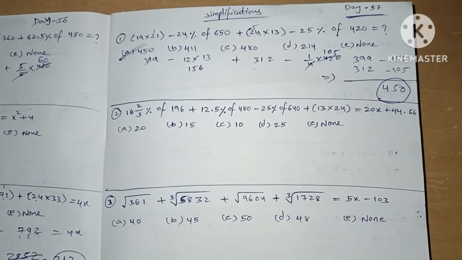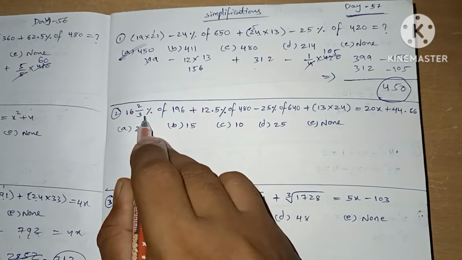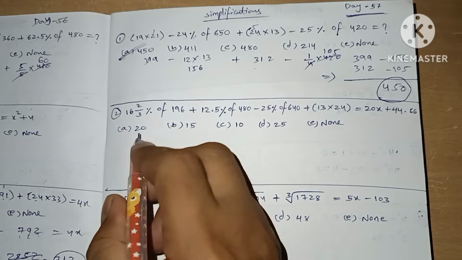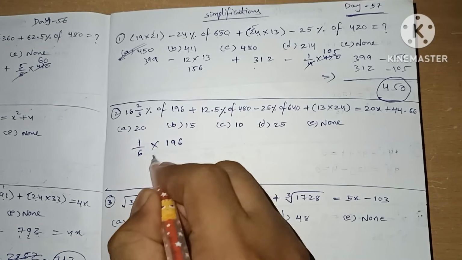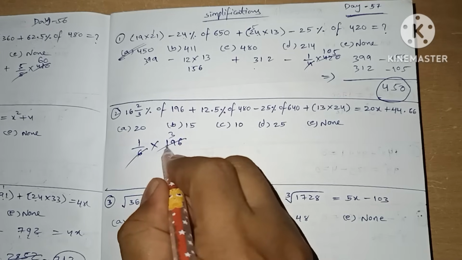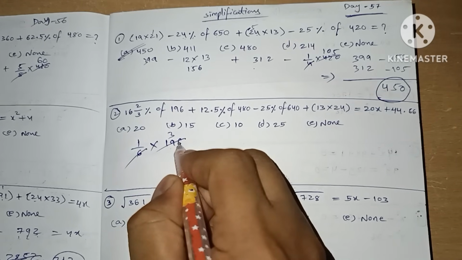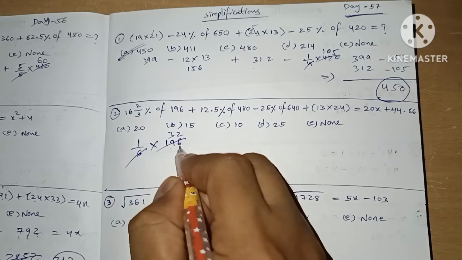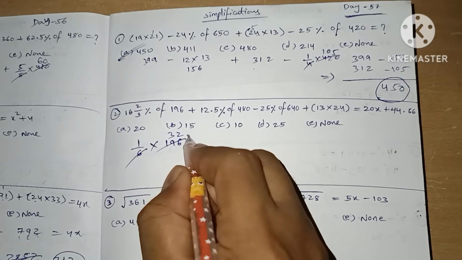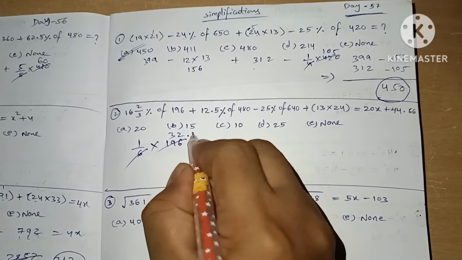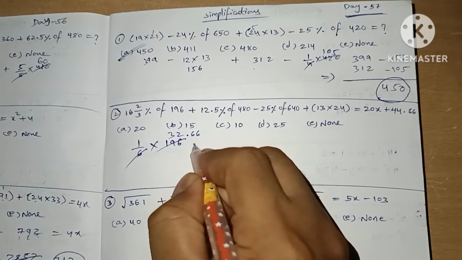Next, second question. 16 2/3 percentage is nothing but 16.66 percentage. The fraction value of that is 1/6 of 196. 6 3 times 18 and 6 2 times 12, we are left with 40. So 0.40 means 6 times 36, so again 40, so 66.